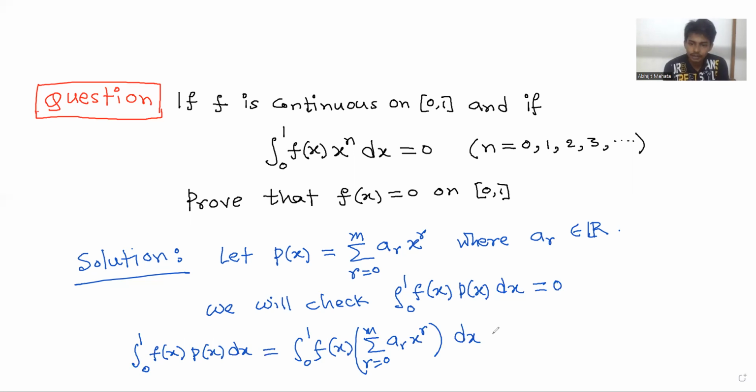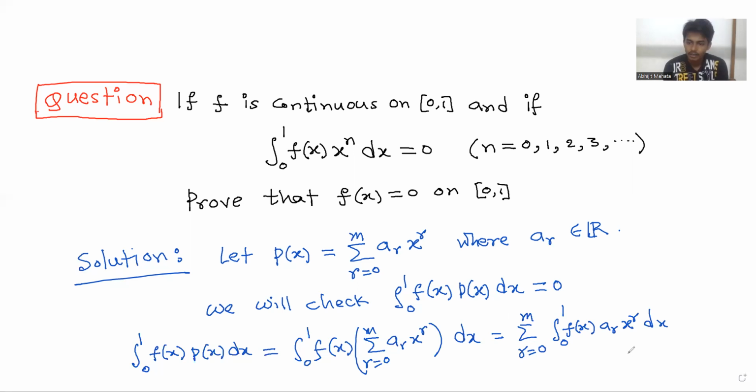Now here we use a very beautiful property of the definite integral. This is the summation from 0 to m, and then we take the integration from 0 to 1 of f(x) a_r x to the power r dx.